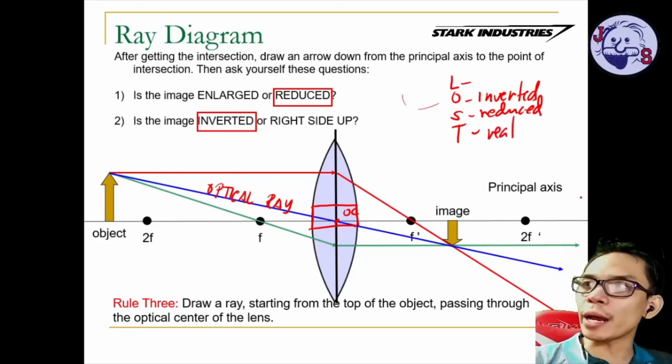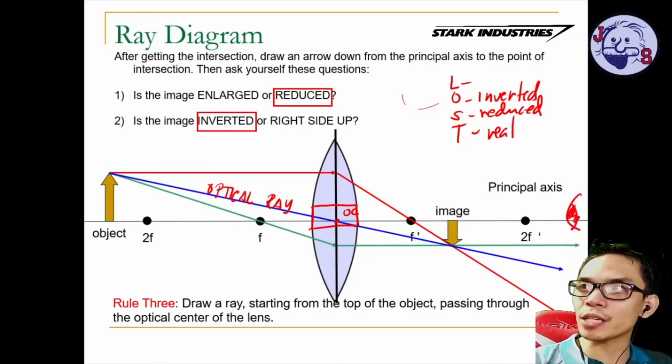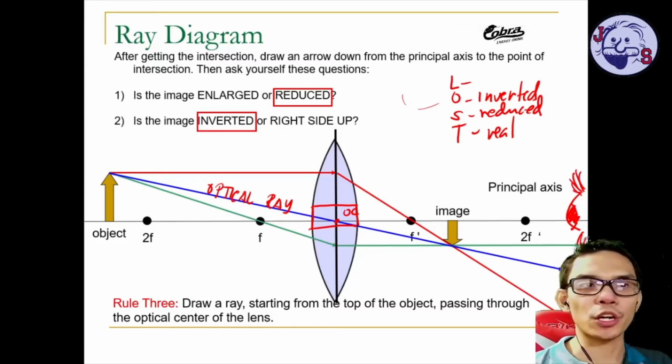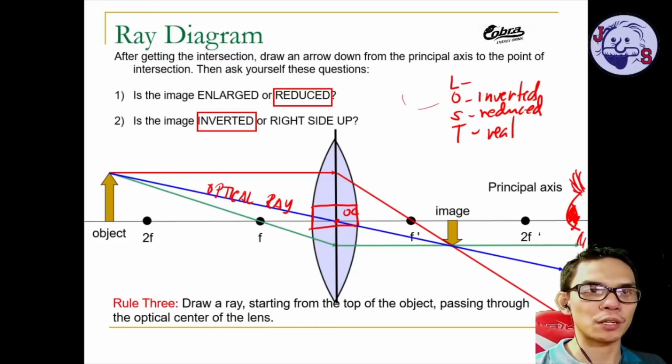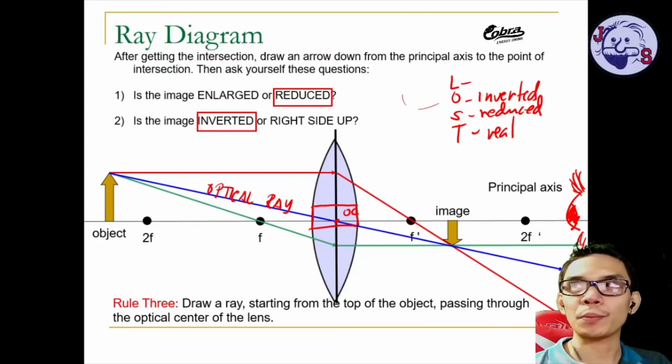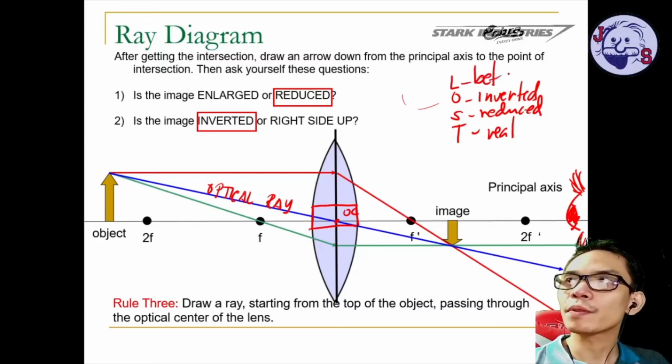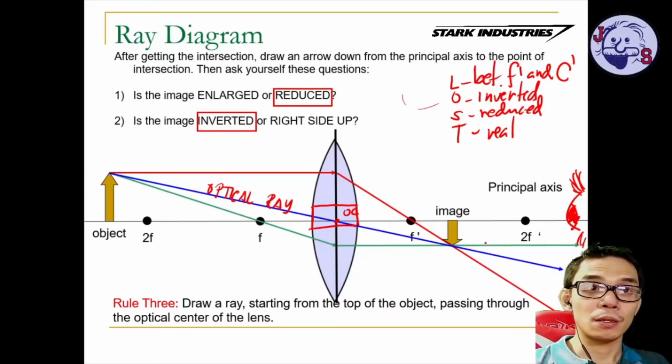Now, where is your eye located? Your eye is located somewhere here. Now, in terms of location, what is the location of the image? The location of the image is between F prime and C prime, as this ray diagram stated.